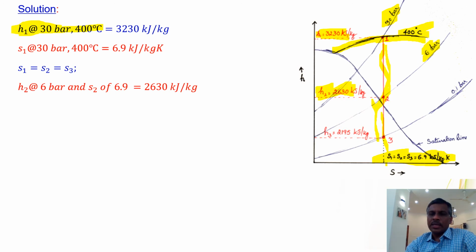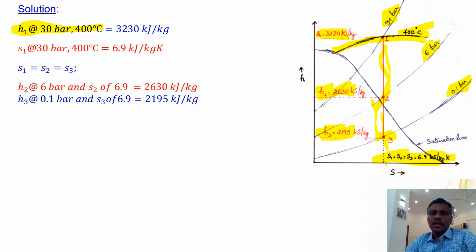Let the same vertical line proceed down to 0.1 bar. If you take it up to the 0.1 bar and find the intersecting point where it hits the 0.1 bar, maybe inside the dome, from that point you can move horizontally to find the value of H3.